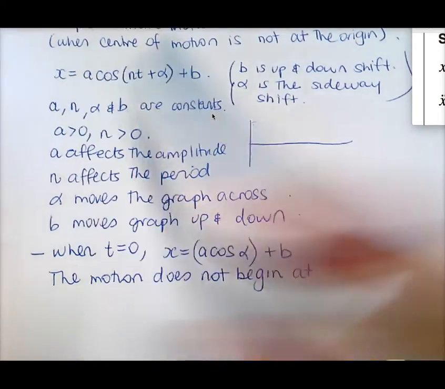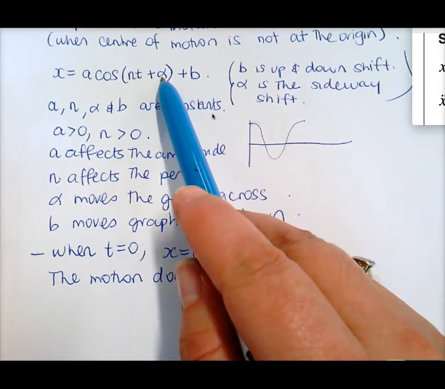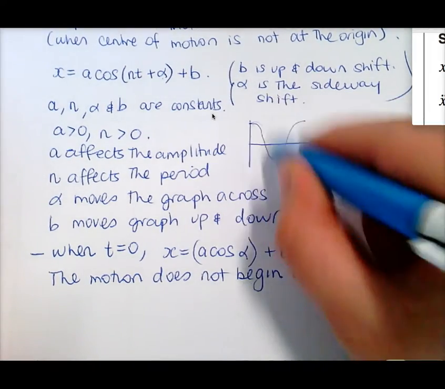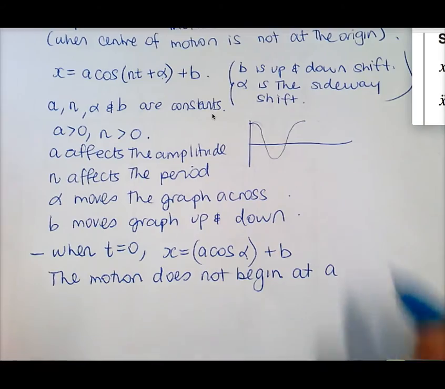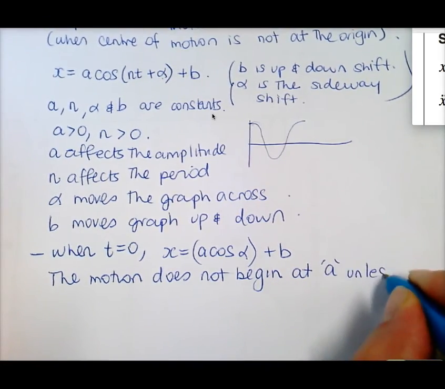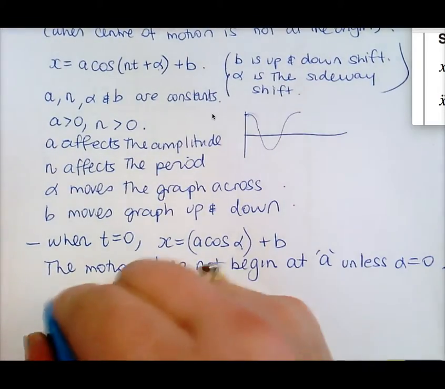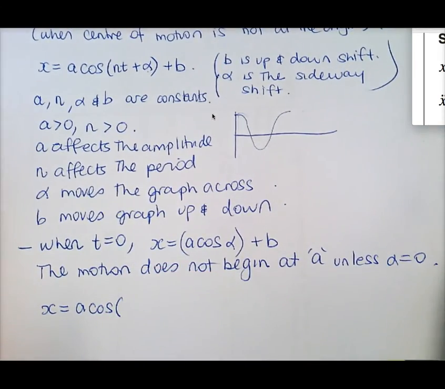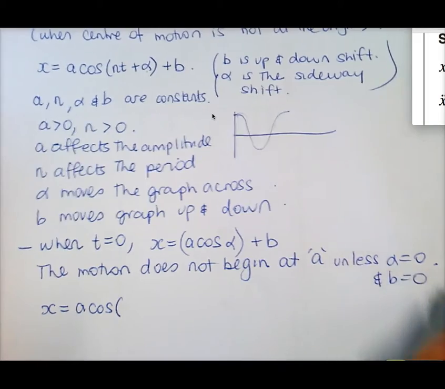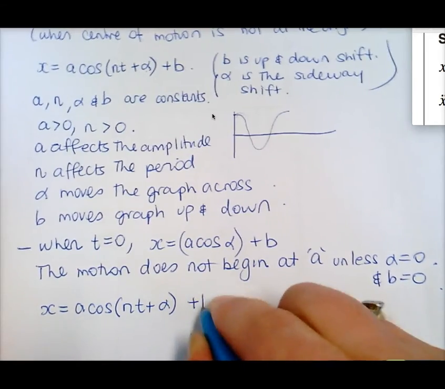The only way that the motion will start from there is if alpha is 0. Does that make sense? Because alpha is the sideways shift, otherwise there's going to be a sideways shift. So the motion does not begin at a unless alpha equals 0, and b is 0. That's right. So we know that x equals a cos nt plus alpha plus b.